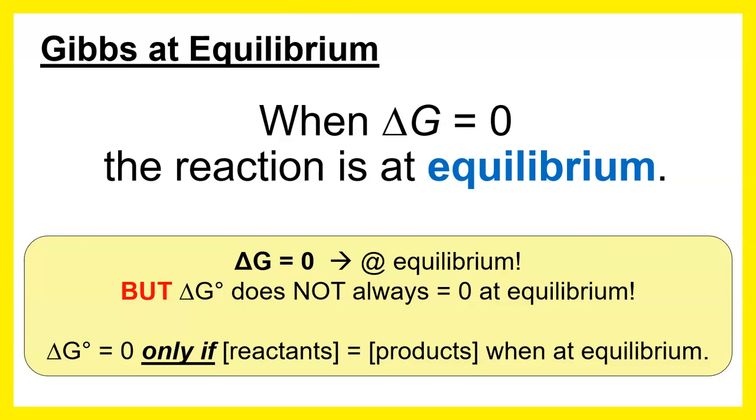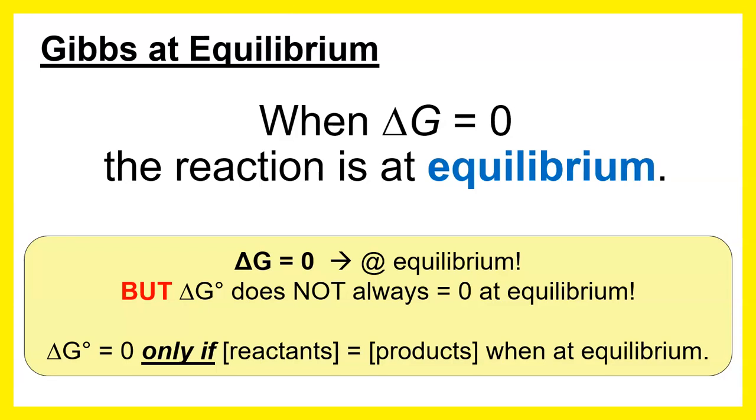When delta G equals 0, you're at equilibrium. We've kind of already talked about that before. That means neither side is more favorable than the other. You can go back and forth, which is what equilibrium describes. However, that does not mean delta G naught will be 0 at equilibrium.